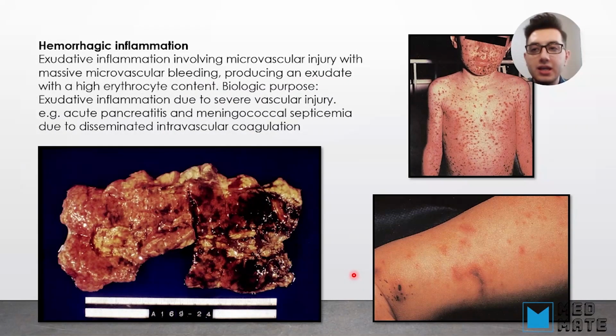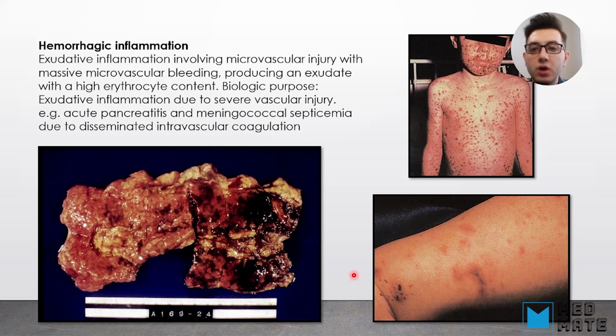Now, another one is hemorrhagic inflammation. Hemorrhagic inflammation is when there is injury to the microvasculature, and that leads to bleeding and exudate of erythrocytes. So when there is high erythrocyte exudate, that's when we have hemorrhagic inflammation.